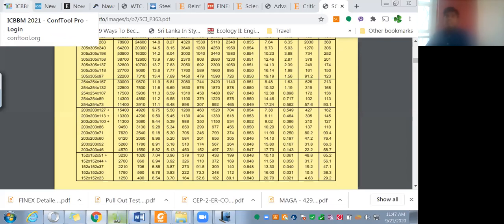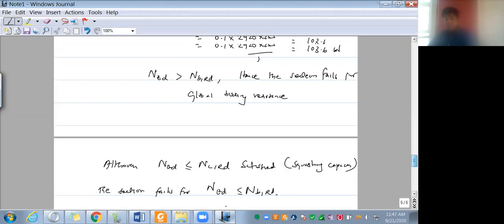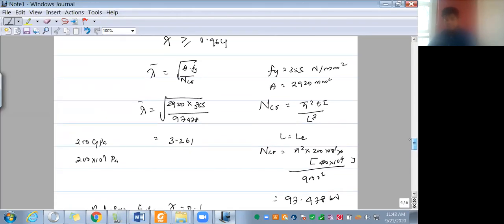We have to see whether it can satisfy the N_b,Rd. Regardless of the section, this value will be independent of the load, because it depends on pi squared EI over L squared. L squared is also independent of the cross section. The only value you get from the cross section is the I value.